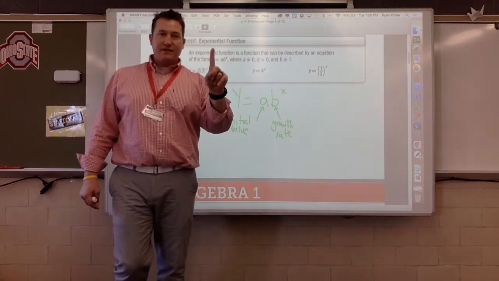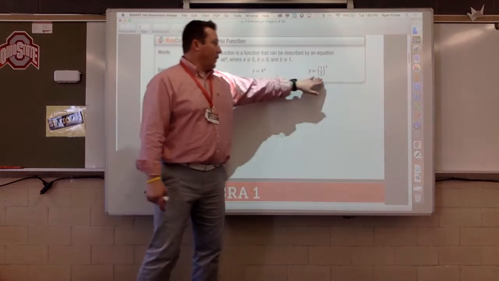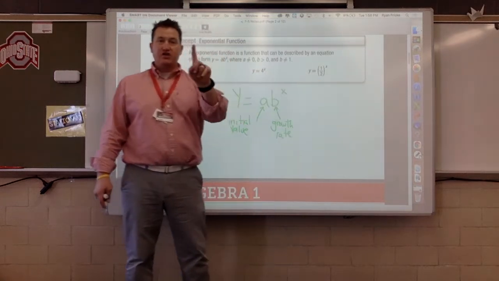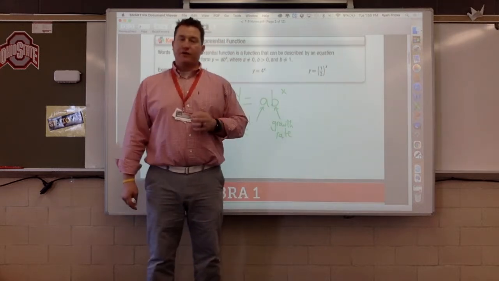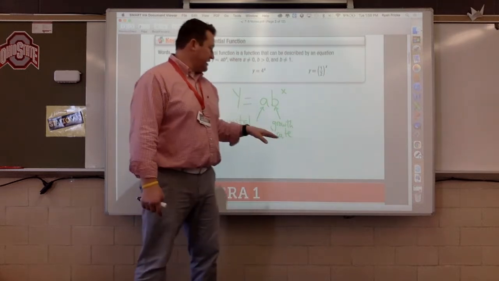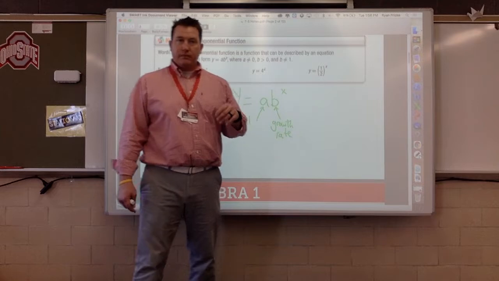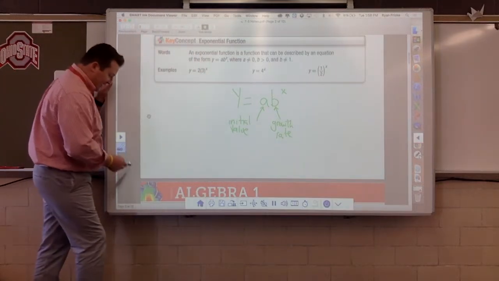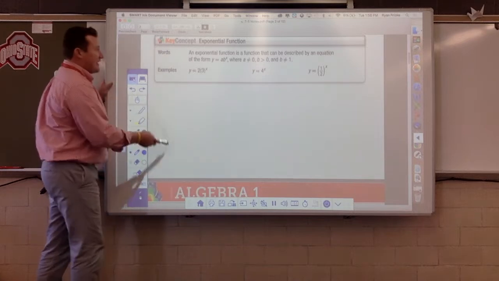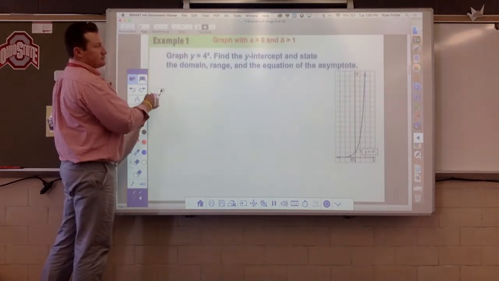There's those dumb invisible ones again. Okay, y equals (1/2) to the power of x. Again, initial value of 1. This one has a number smaller than 1 for its growth rate. 1/2 is how it's growing. Okay? It's not really growing at all if it's 1/2. It's decaying. But we'll see that here in a second, guys. That'll all make sense here.